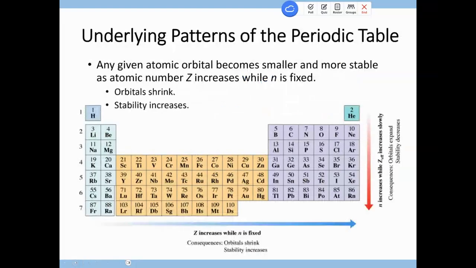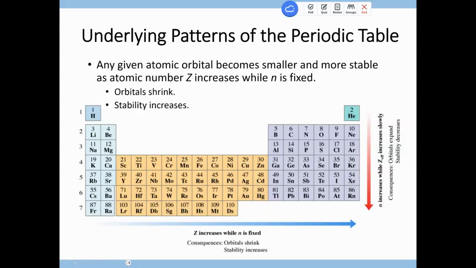Let's look at the periodic table and understand why that is. Let's start with left to right. As we're going from left to right in a single row, electrons are occupying orbitals with the same principal quantum number, but orbitals are shrinking. The number of protons in the nucleus is increasing.